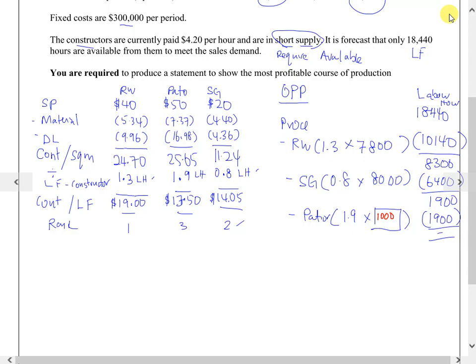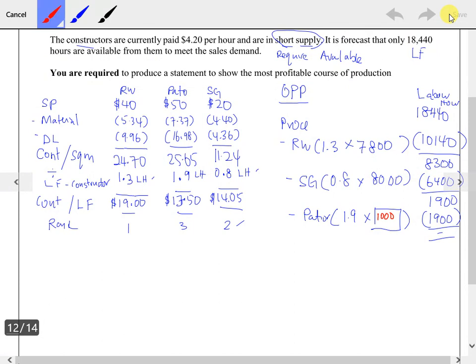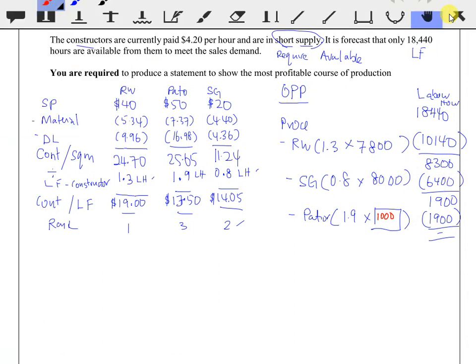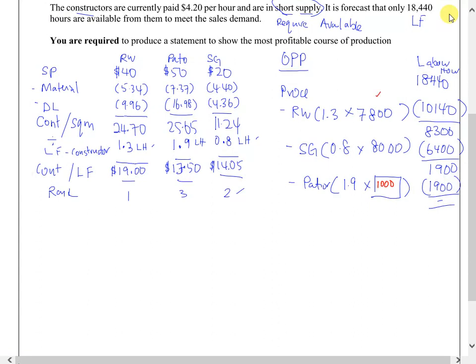Profit statement. So produce 7, 8, produce 8, and produce 1000. RW total.